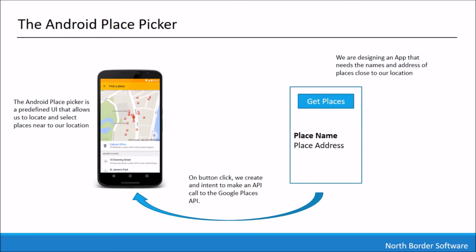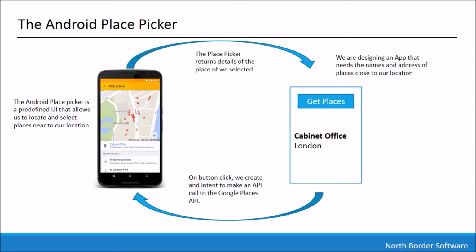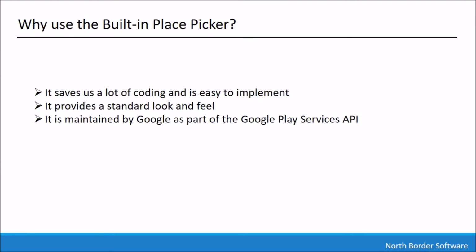All we need to do is scroll through the list and just select the location that we're interested in. Once we do that, then that is returned to the app, and we can use that information as we need to. In this case, in our example, we're just going to display the name and the address of that particular business.